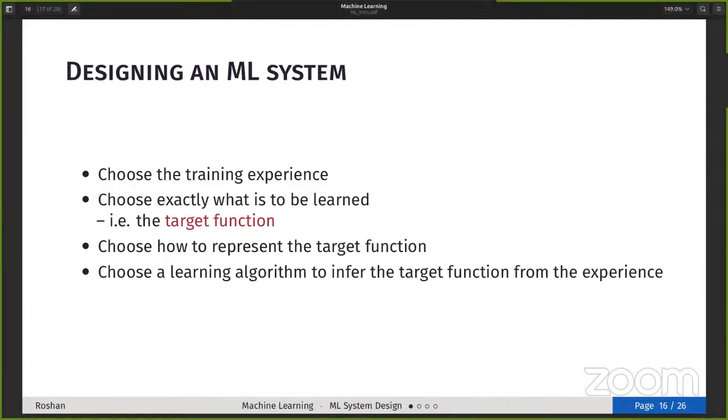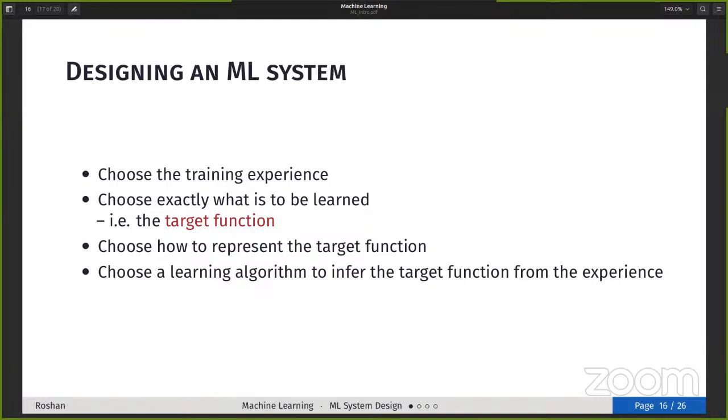So again, these are some of the principles you have to follow while designing an ML system. First is to choose the training experience, or you have to choose a data set. I want to choose exactly what is to be learned, what I want to predict ultimately.